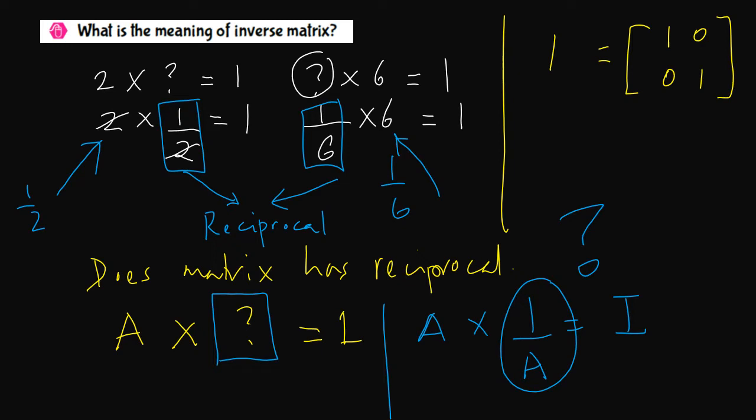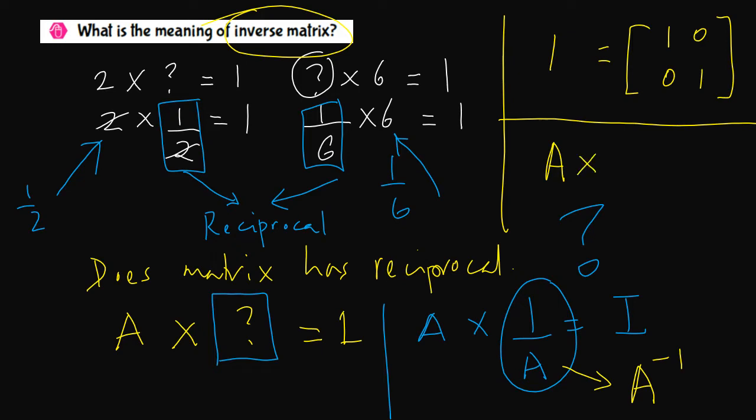That is what we call the inverse matrix. That means when we multiply a matrix with its inverse, we normally write it A minus 1. When you multiply a matrix with its inverse, you will get the identity matrix.